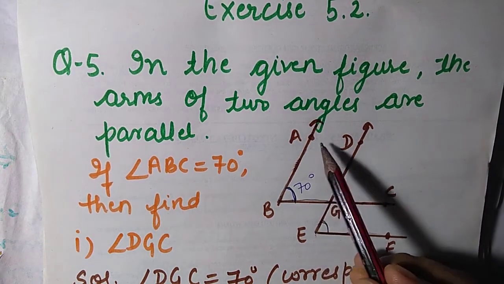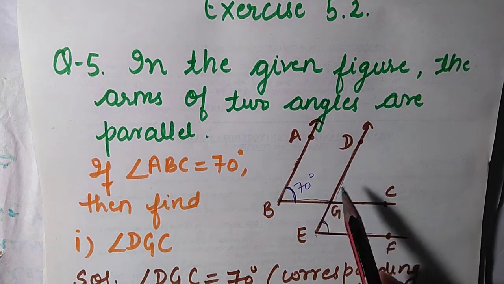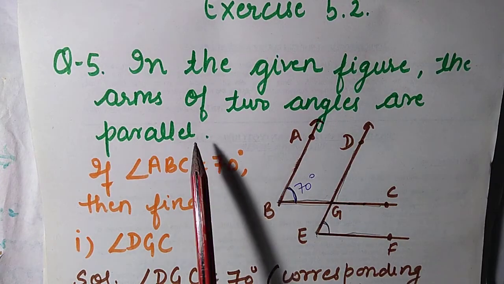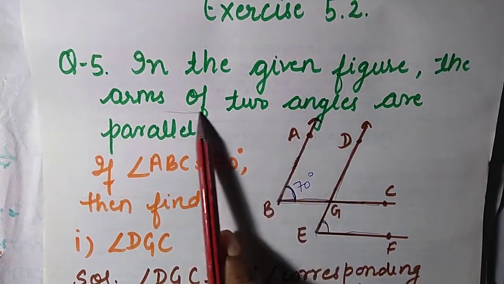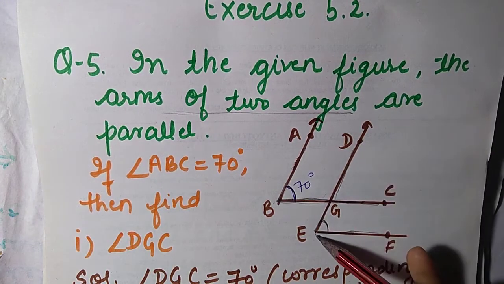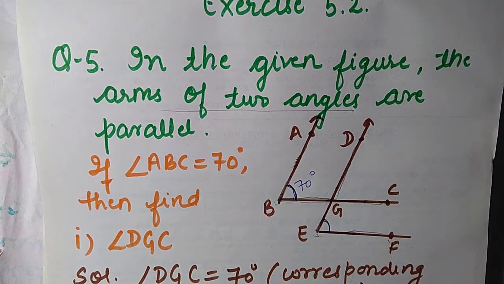It is given that AB is parallel to DE, and BC is parallel to EF. This is given in the statement that the arms of two angles are parallel, meaning AB is parallel to DE and BC is parallel to EF. This is given in the question.